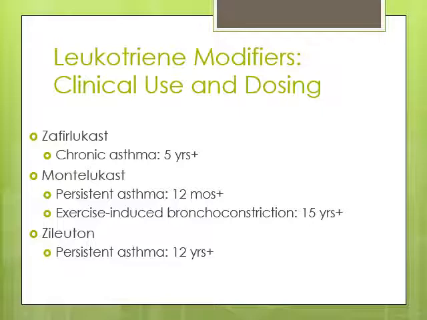This is also something important to remember: neuropsychiatric events. There was actually a problem with this. Neuropsychiatric events were reported in post-marketing studies with adult, adolescent, and pediatric patients taking leukotriene modifiers.